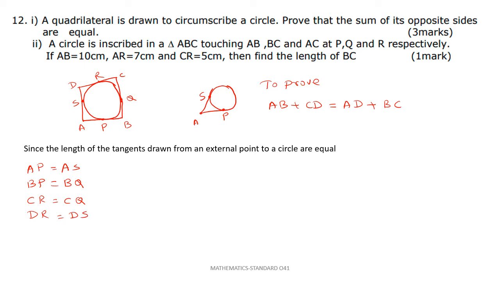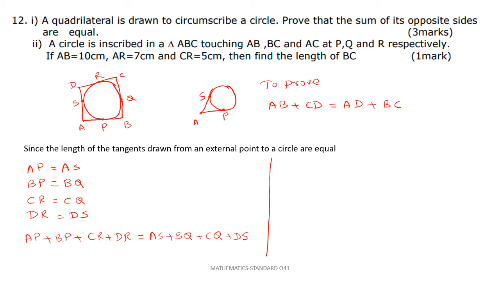Now let's add these equations on both sides. So AP plus BP plus CR plus DR is equal to AS plus BQ plus CQ plus DS.